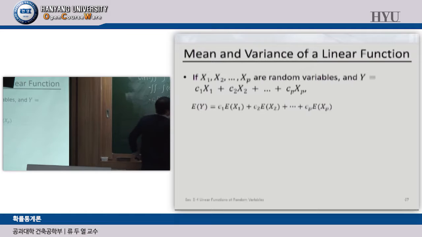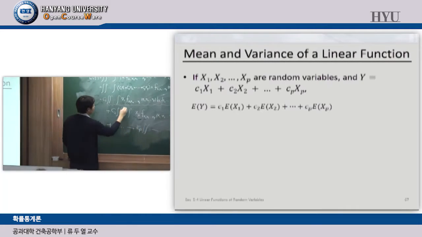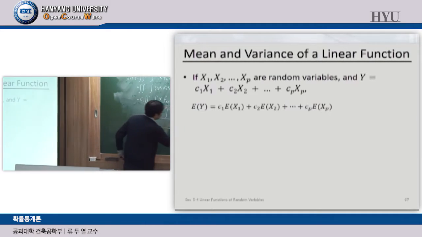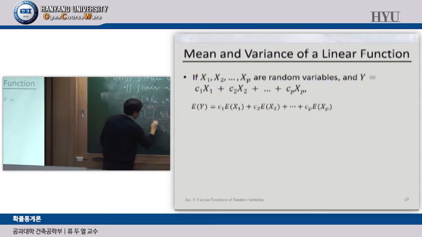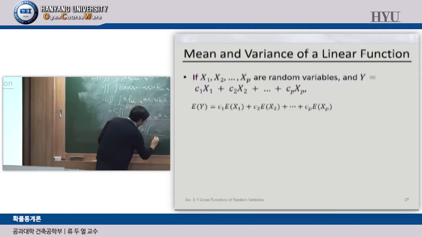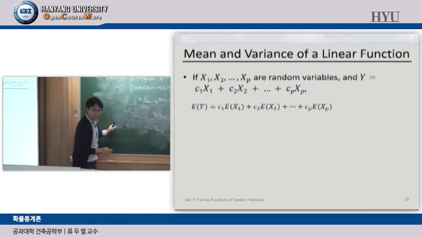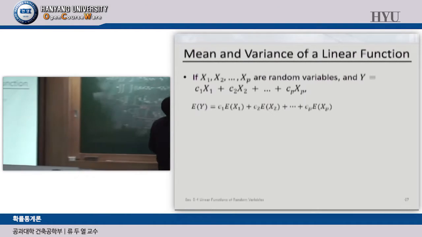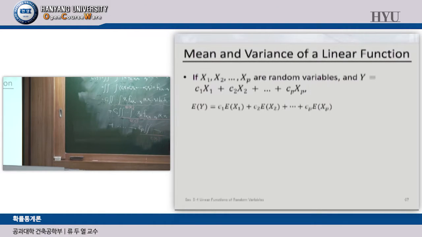And what is this? That is equal to the mean of x1. And what is this? That is the mean of x2. And this is equal to the mean of xp. So this means that E[Y] is equal to C1 by E[X1] plus C2 by E[X2] and so on, plus Cp by E[Xp].